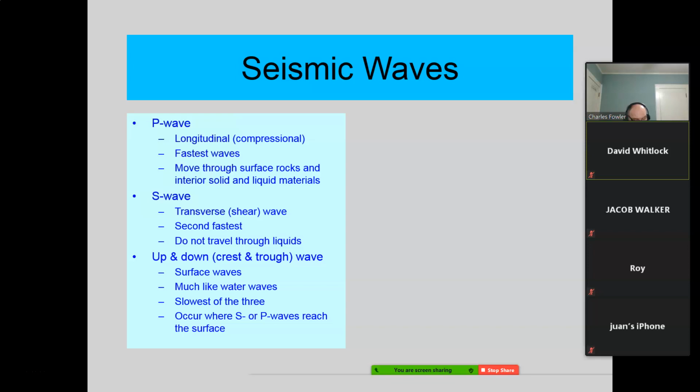But when they were doing nuclear testing and blowing up nuclear weapons, sometimes you would see on the surface of the ground, after the big explosion, the ground just sort of do like this, waves just propagate along the surface. Those are your up and down crest and trough waves, a lot like water waves. These are surface waves, no longer moving in the direction of wave propagation, but moving along the surface. Okay? These are slowest, and they occur when they reach the surface.